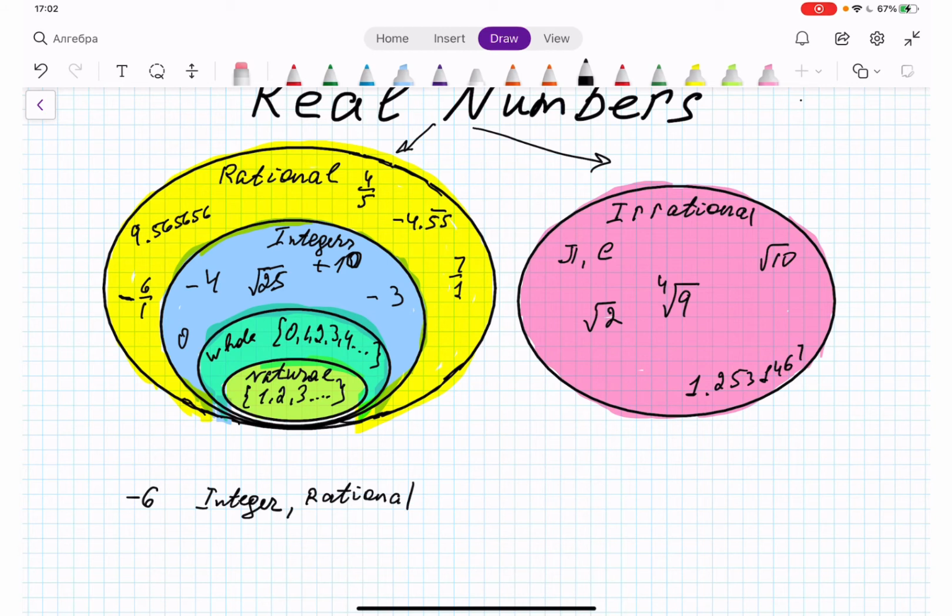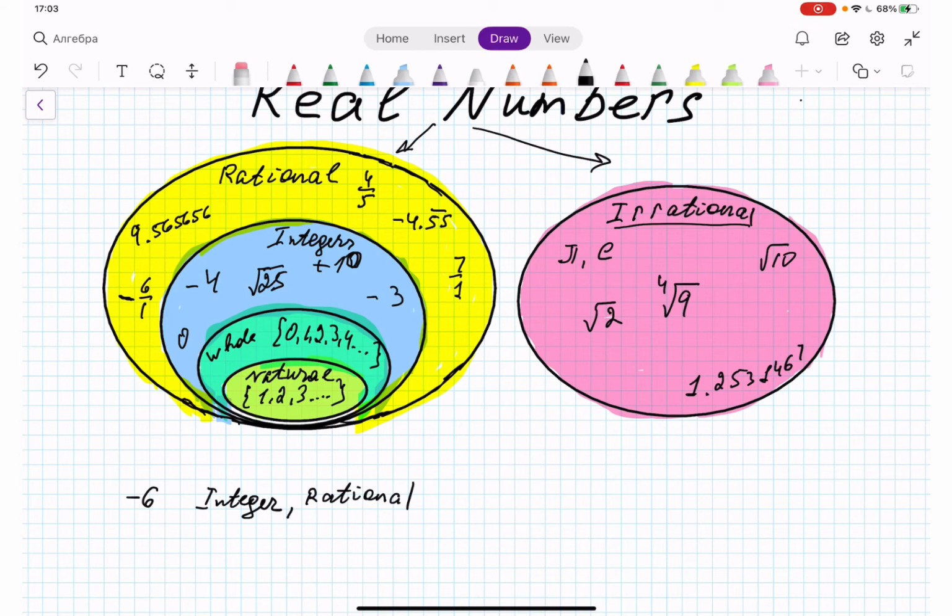Is negative 6 irrational? No, because in the set of irrational numbers, we included mathematical letters and square roots that do not come out as a whole number. If it were square root of 25, yes, it would be an integer and a rational number and so on.